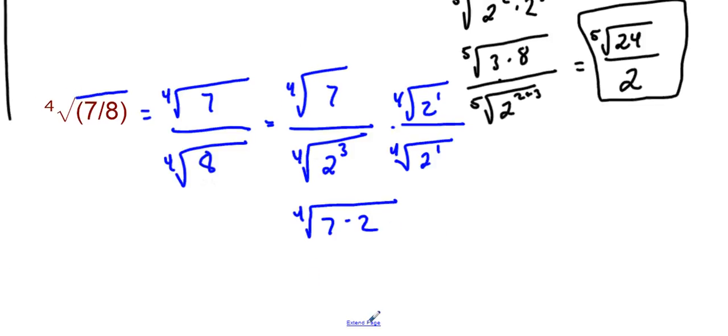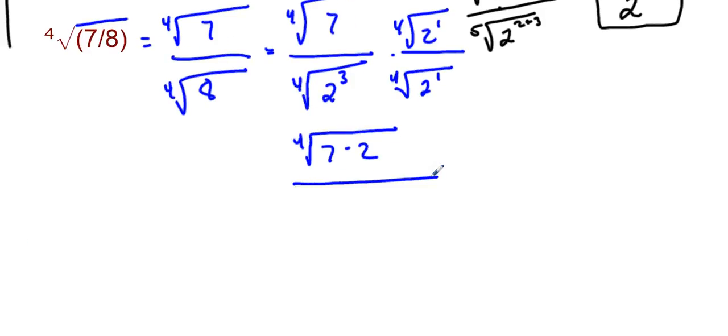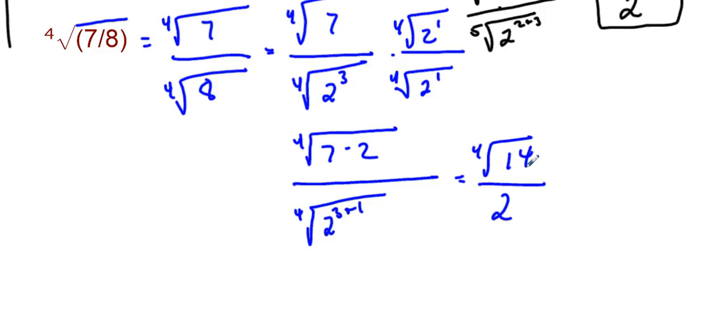And on the bottom, we're going to have the fourth root of 2 to the third plus 1, right? That will turn out to be 2 to the fourth, which will then just be 2 again. And that, my friends, is our simplified answer. So the fourth root of 7 over 8 is actually the fourth root of 14 over 2.